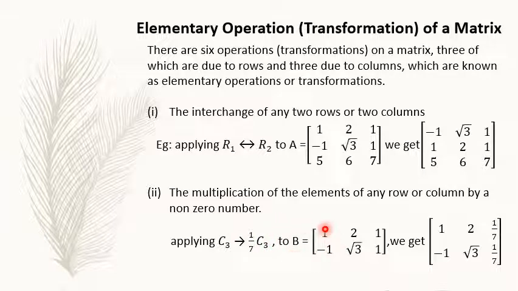A similar operation we can apply for rows also. That is, we can multiply the first row with a non-zero number, the second row with a non-zero number. Similarly for columns also.